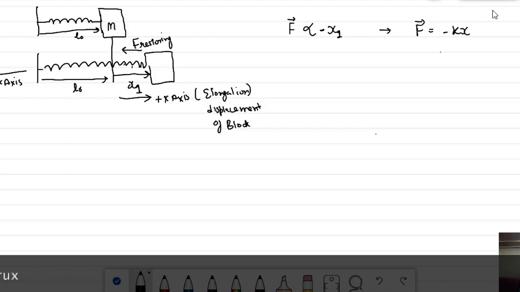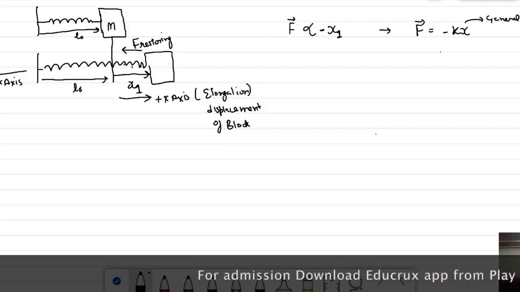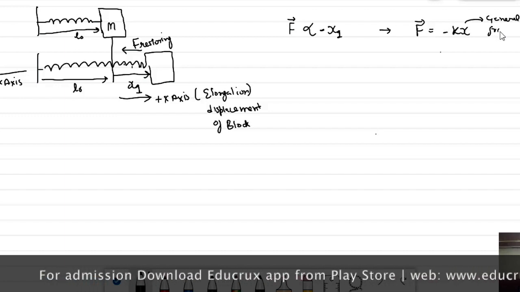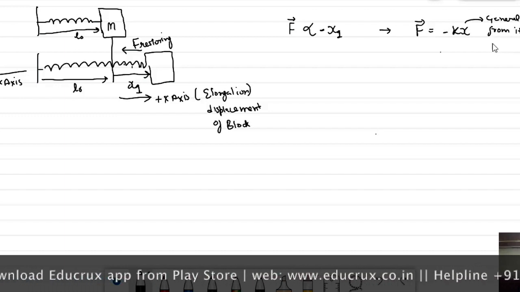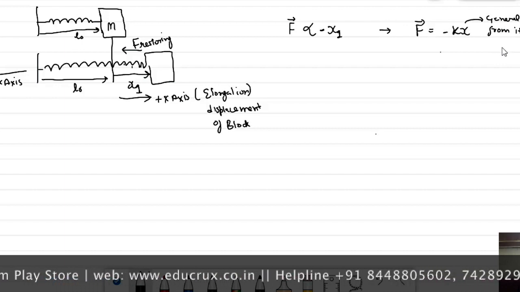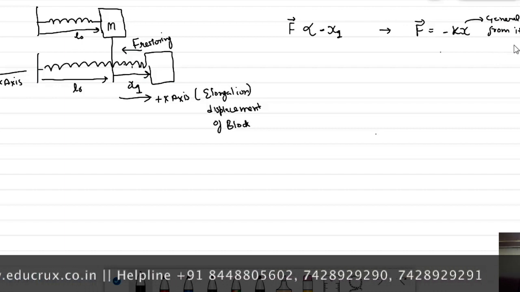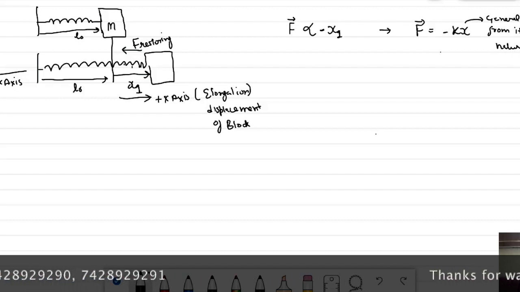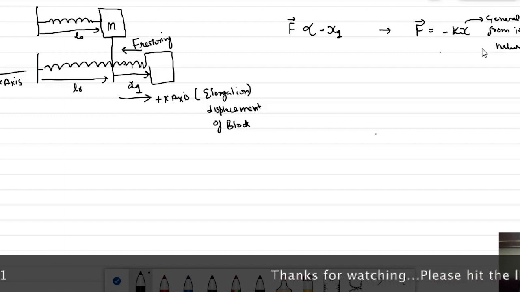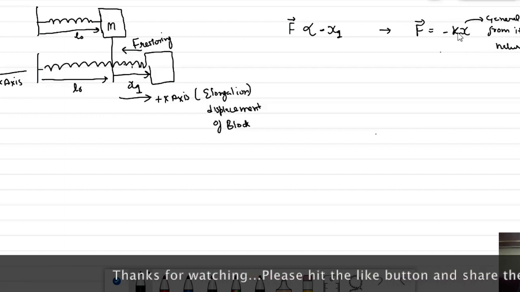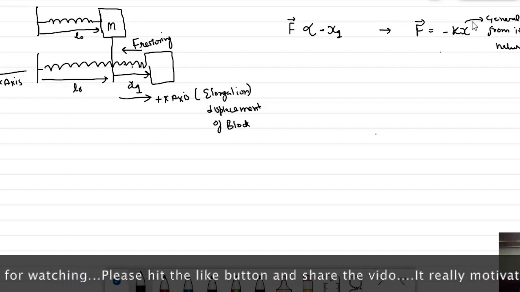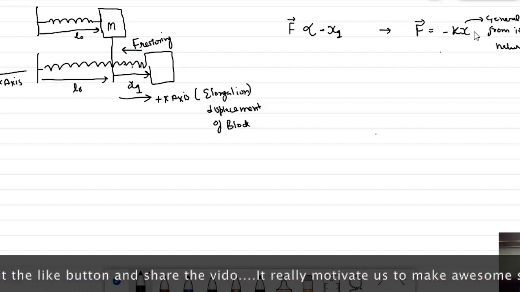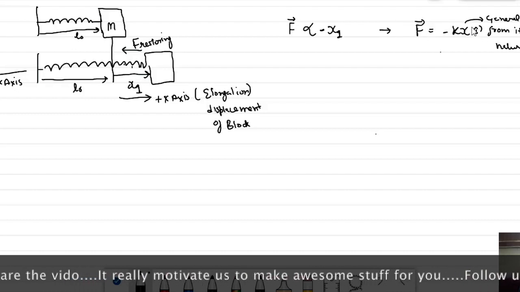So at any instant when the block is at a distance x, the restoring force felt by the block is in the opposite direction, that is in the minus i cap.